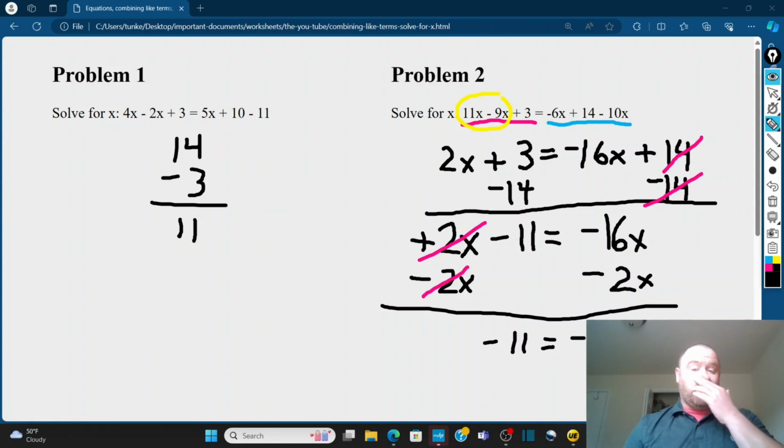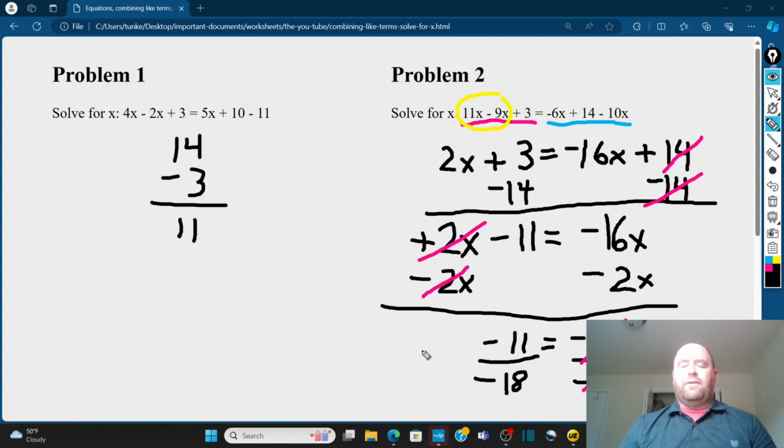Okay, so now what do I want to do? I want to get just one x, so this negative 18 is being multiplied by x. I want to do the inverse operation, which is a division by negative 18. If I do that on the right-hand side, I also have to do it to the left. Okay. All right, so on the right-hand side, these will cancel each other out.